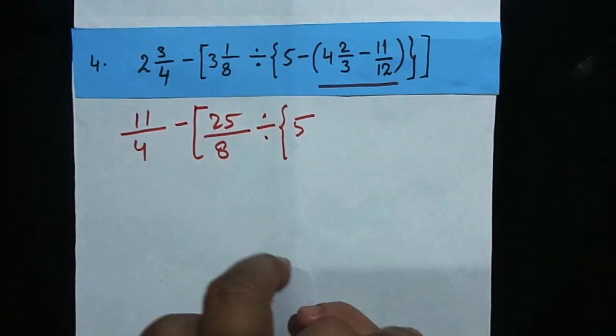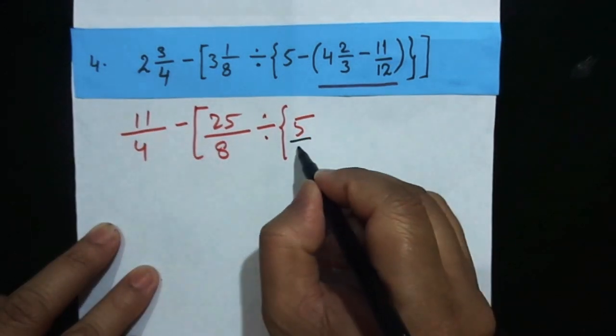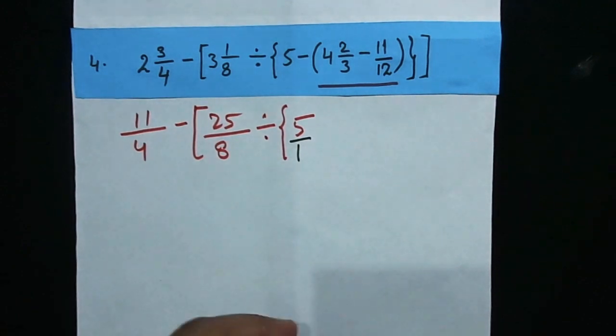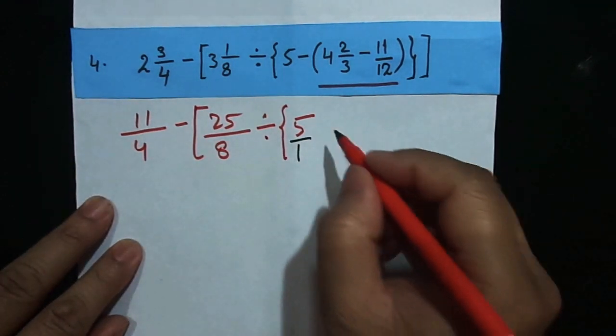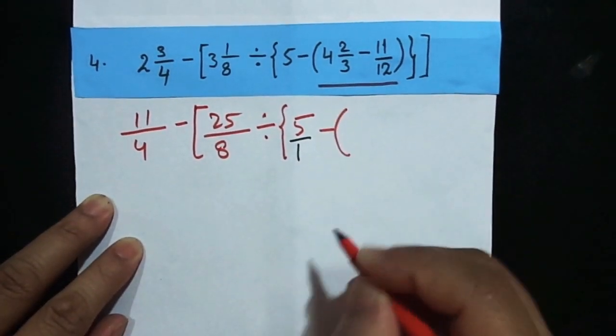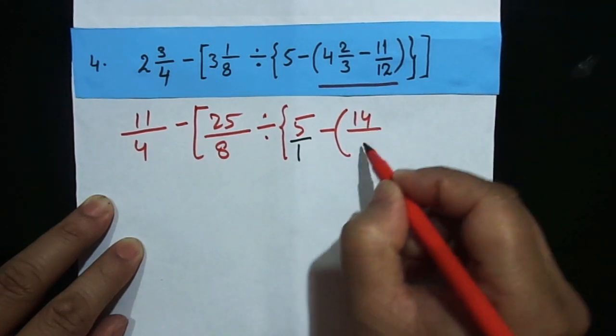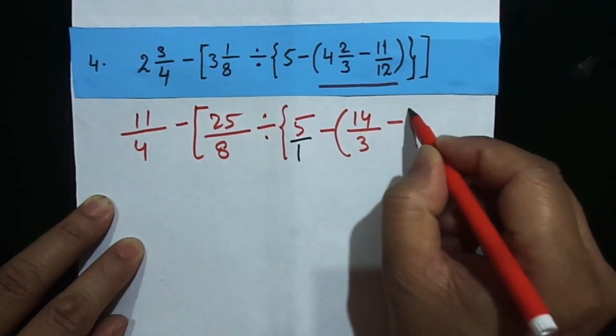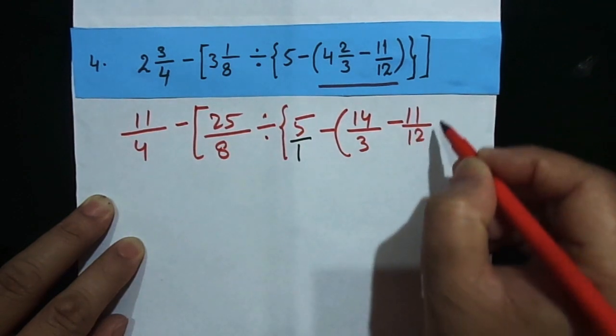Whenever I get this kind of sums, I generally put 1 over here so that we shouldn't get confused. Minus 14 by 3 minus 11 by 12.